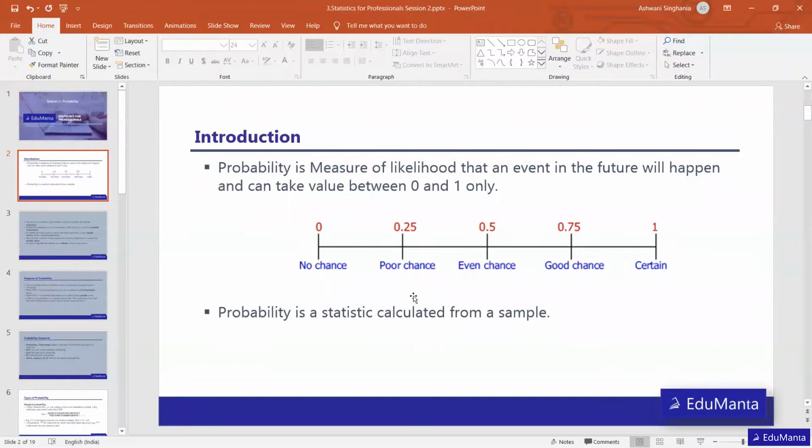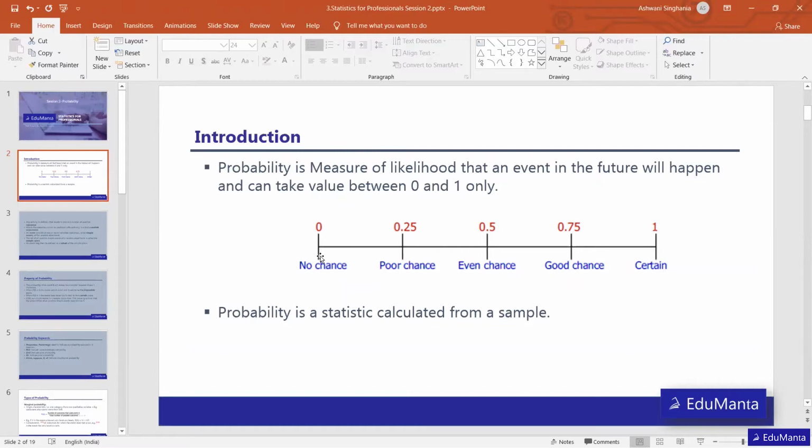In statistics or mathematics, we actually give a numerical value to probability. Probability measures the likelihood that an event in the future will happen, and can take a value between 0 and 1. 0 means there's no chance that something will occur. For example, by seeing the weather, I can say there's zero probability that it will rain today.